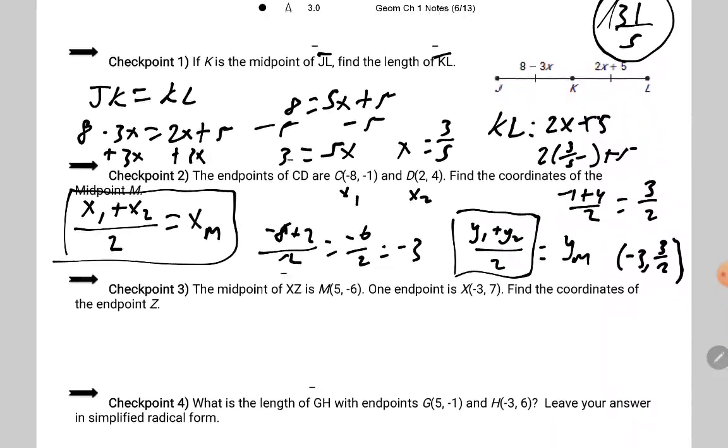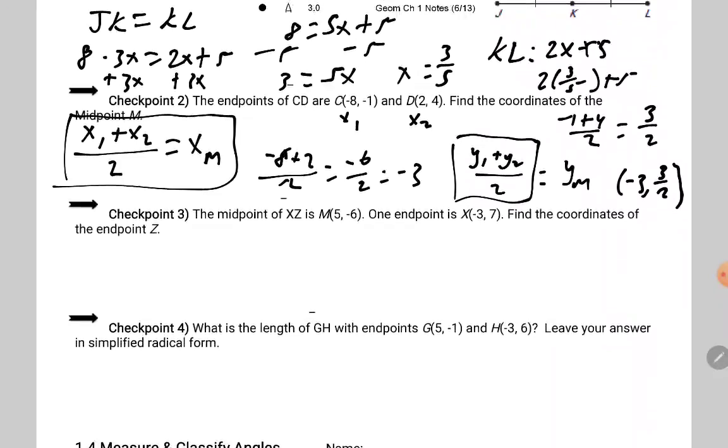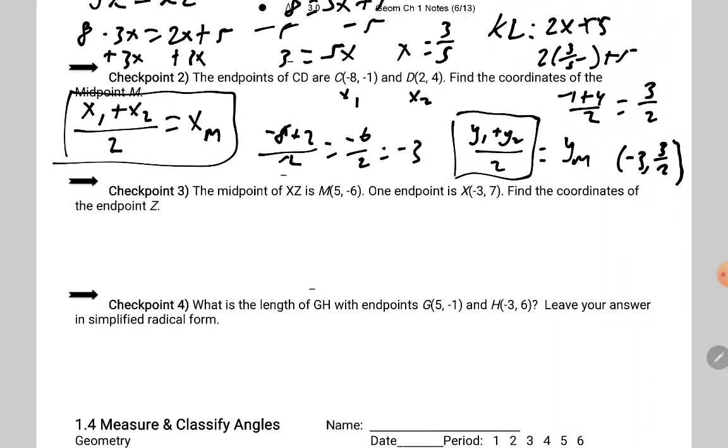Here we go. So checkpoint 3. So the midpoint of xz is m. One endpoint is -3, 7. Okay. So this time they give us the midpoint again. So I'm going to use the same formula here, but filling in what I know.